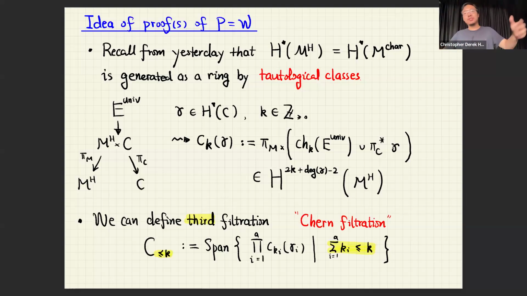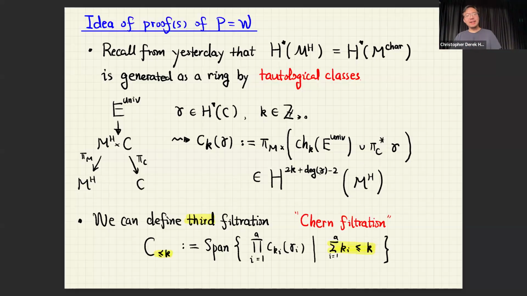Because you take the Chern character, you get classes on the product, and you have to integrate some class on the curve side to get classes only for the moduli space. And this class is indexed by k and gamma, and its cohomological degree, of course, is determined by k and the cohomological degree of gamma.